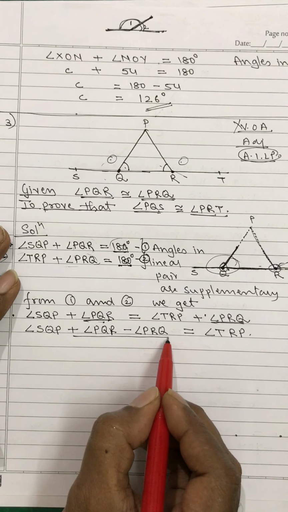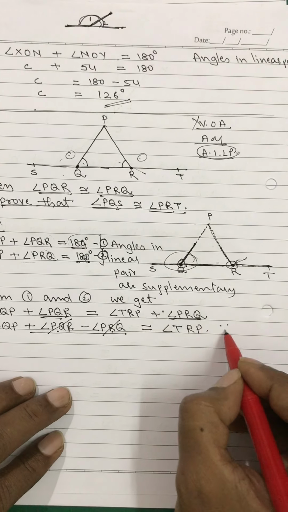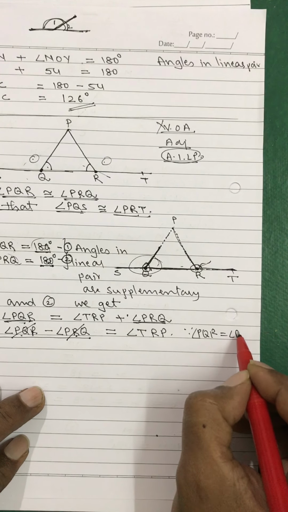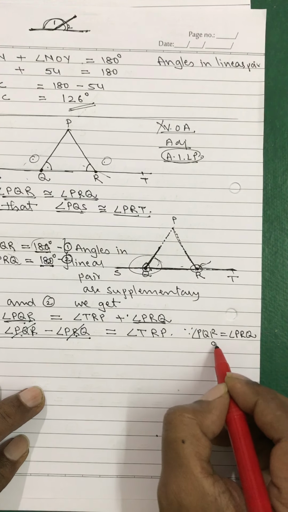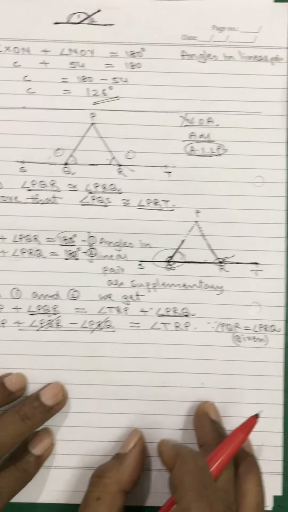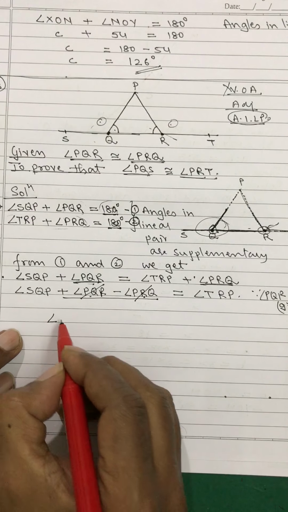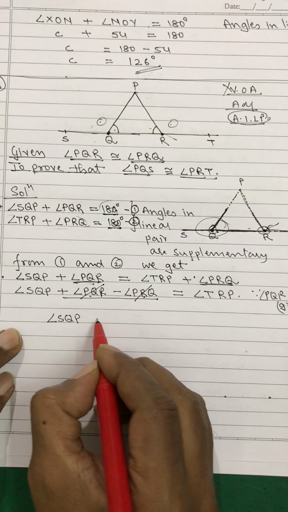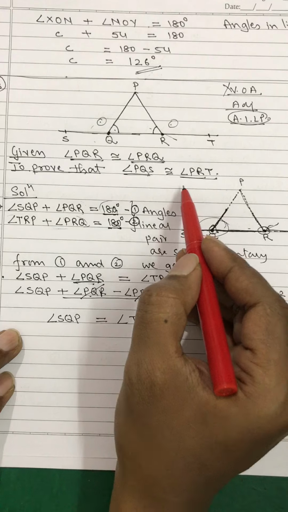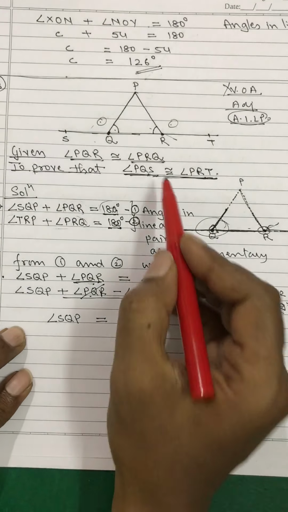These both are equal in value, so they will get cancelled, since angle PQR is equal to angle PRQ is given. You should write this, because they are equal and subtracting each other, so they have to cancel out. And then what remains is angle SQP is equal to angle TRP, and this is what you want.